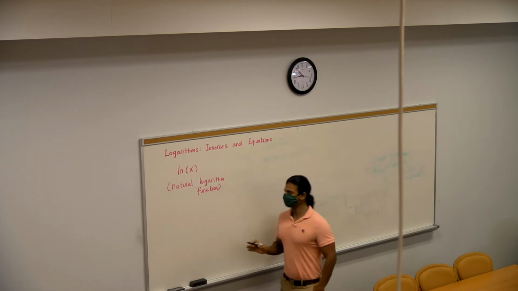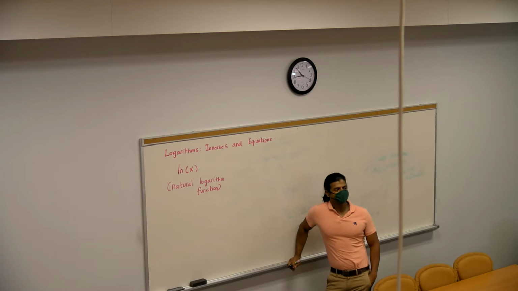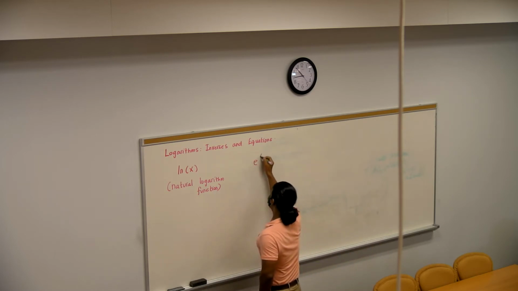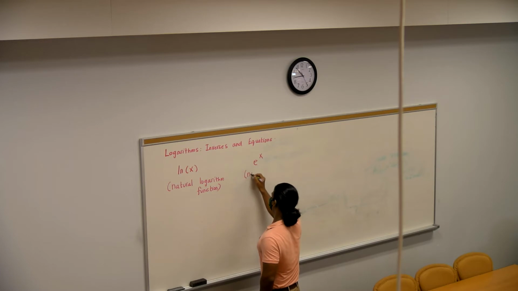So ln of x is the natural logarithm function. e raised to x is the natural exponential function.